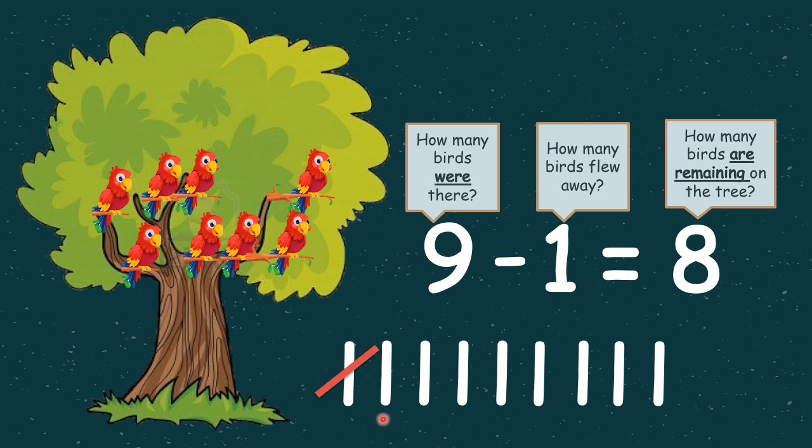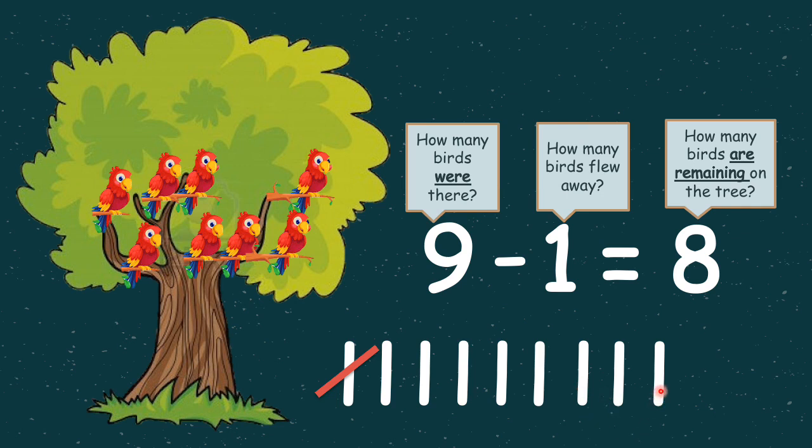So now we want to know how many are remaining. So we subtracted that 1 bird and then we are counting the remaining birds. Okay, so that is 1, 2, 3, 4, 5, 6, 7, 8.